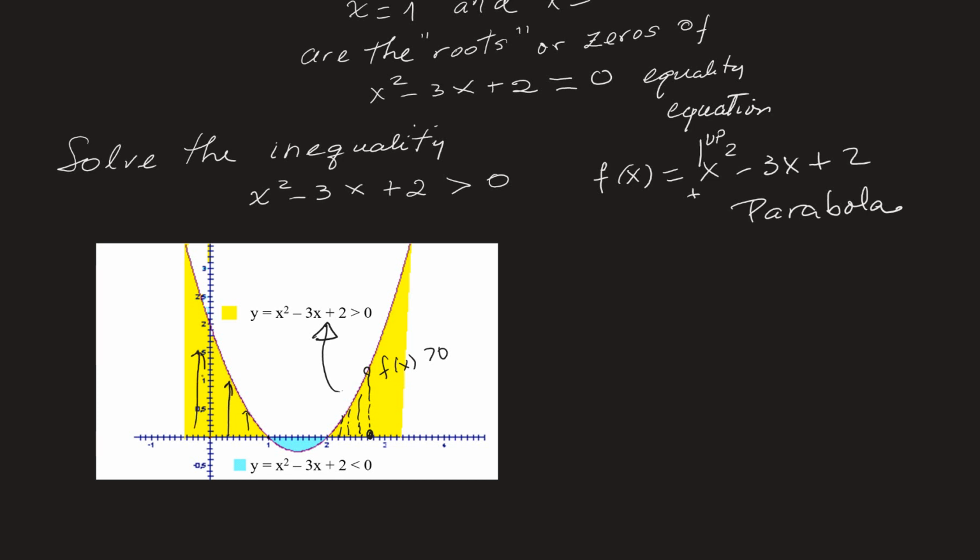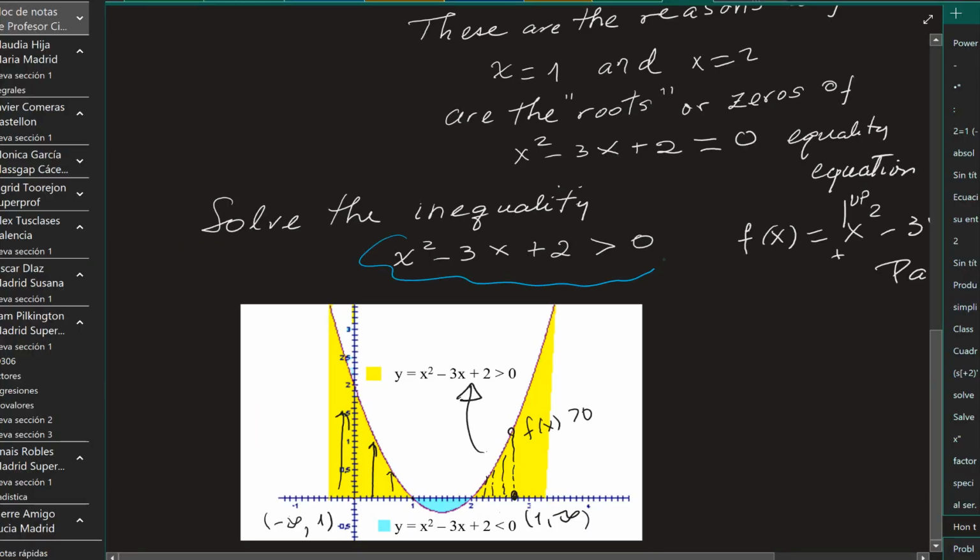Then, this is an interval that goes from minus infinity to 1, and this other goes from 1 to infinity. Then the solution to this inequality is the union of those intervals.